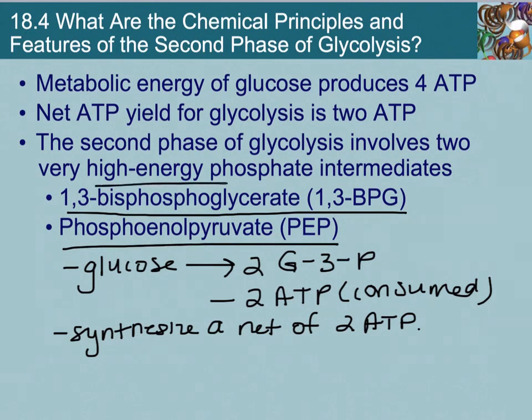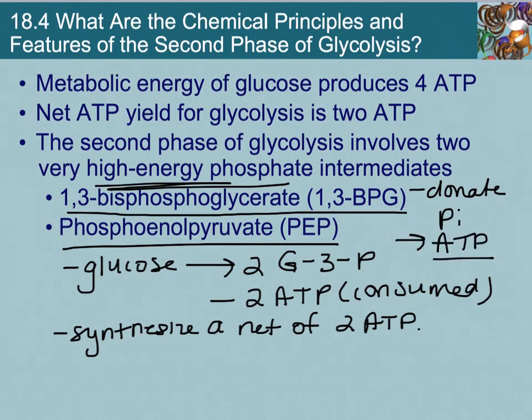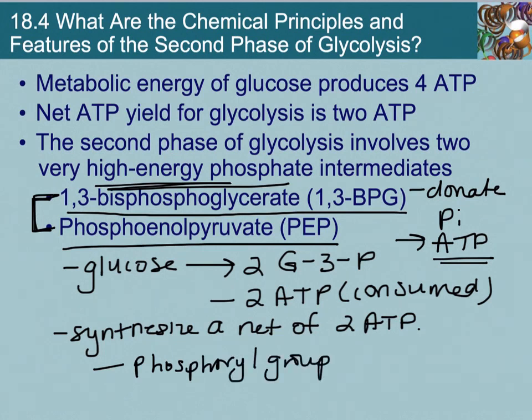They are high energy phosphate intermediates because they can donate a phosphate group so that we can synthesize ATP. So if you remember from lecture 1, these 2 intermediates would be above ATP in the table for phosphoryl group transfer.